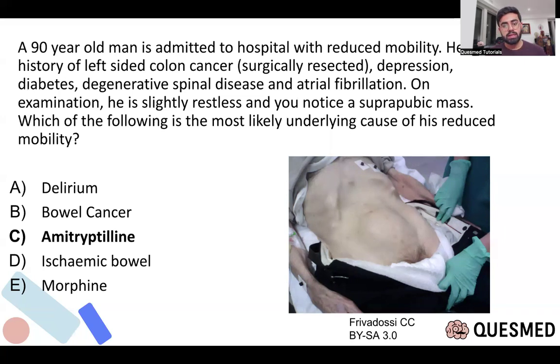But he's not actually complaining of abdominal pain, if I'm not mistaken here. He's got a mass there and he's uncomfortable, and he's restless. But again, less likely. And then morphine, morphine can cause urinary retention actually, but we don't really have a reason for giving morphine at this point in time.